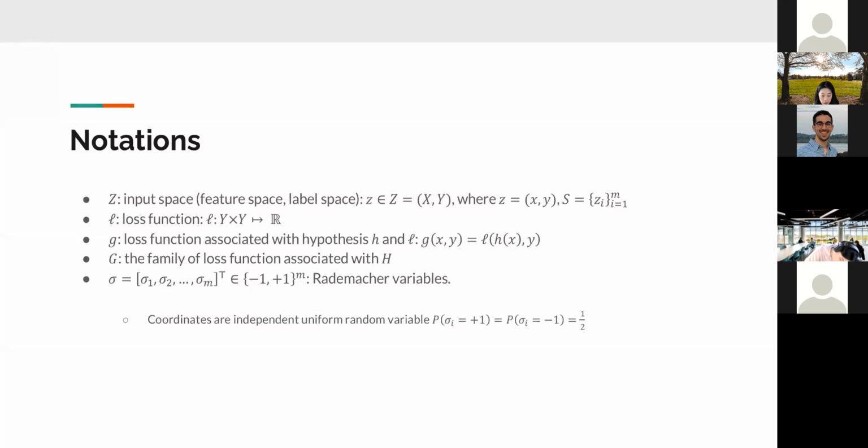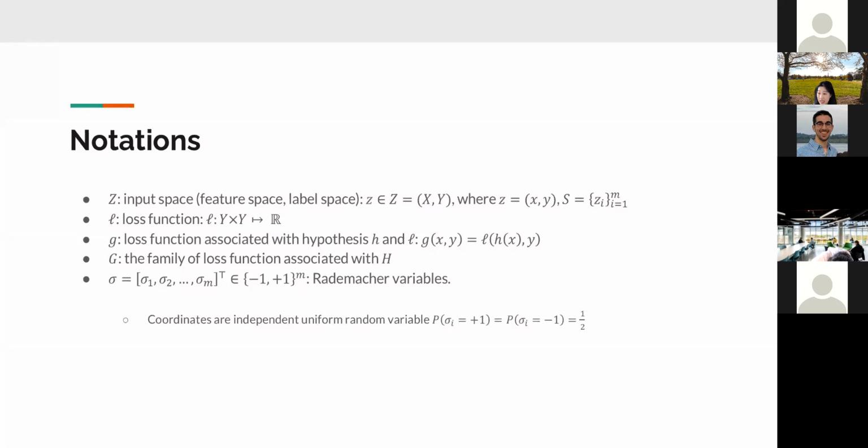Okay, so before we go into the details, I wanted to make sure that we're on the same page. So I wanted to introduce a few notations that we're going to frequently use for the next few lectures. First is the input space. So before we have the X and Y, but now let's just put them together as a tuple.